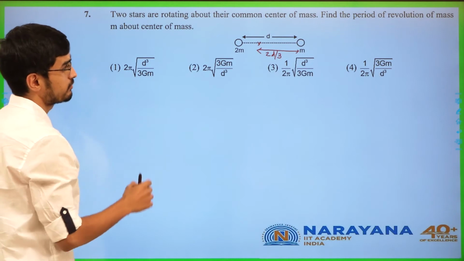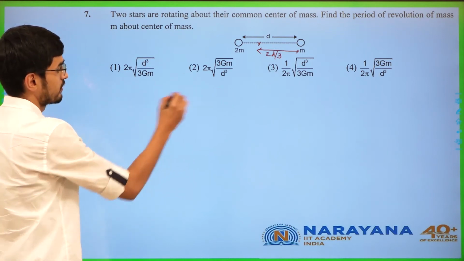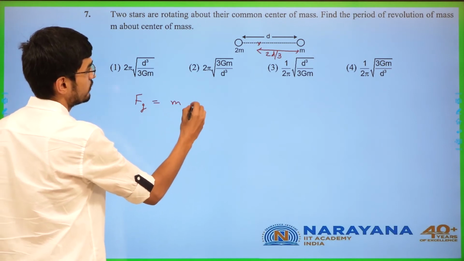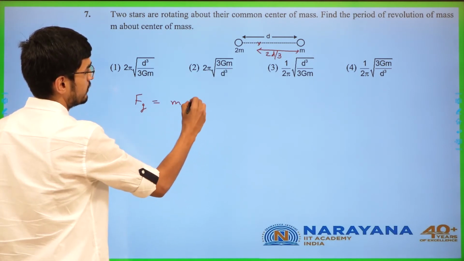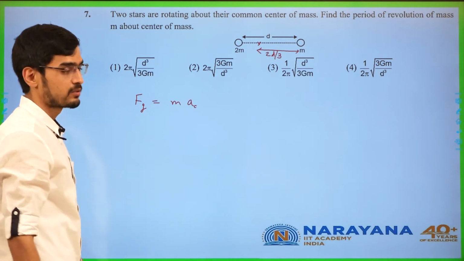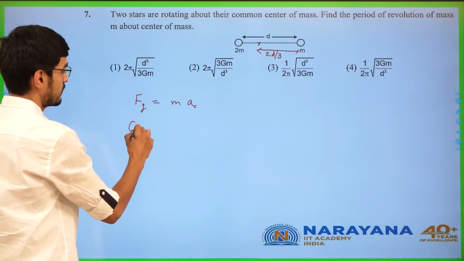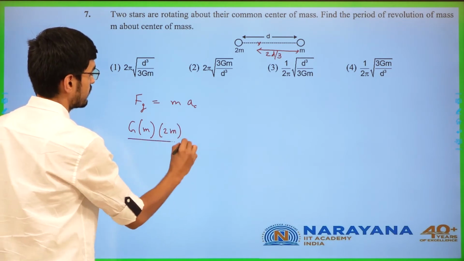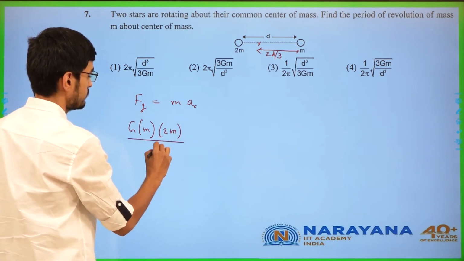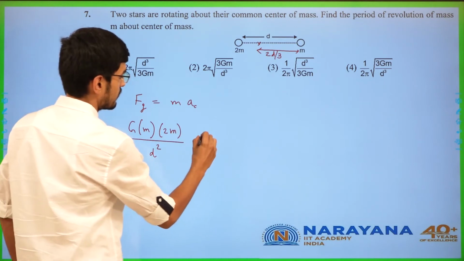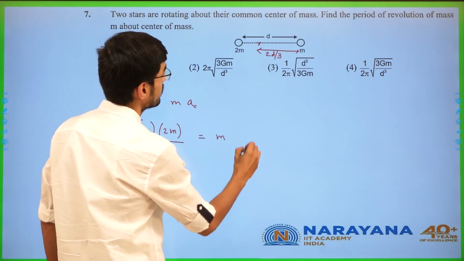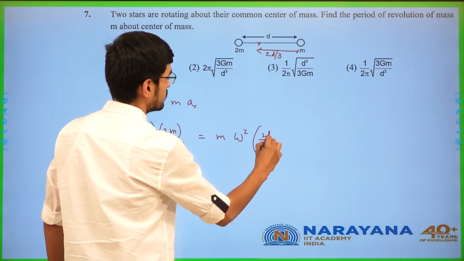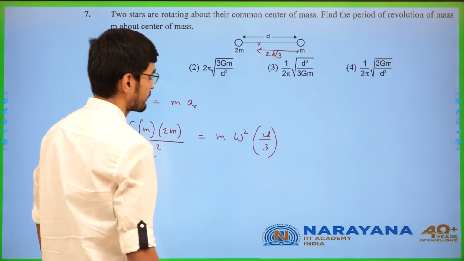Now for finding the time period, we will apply the concept that gravitational force will be equal to the mass of that object into centripetal acceleration to provide circular motion. Gravitational force will be G m 2m divided by distance square. This will be equal to m omega square into 2d by 3.